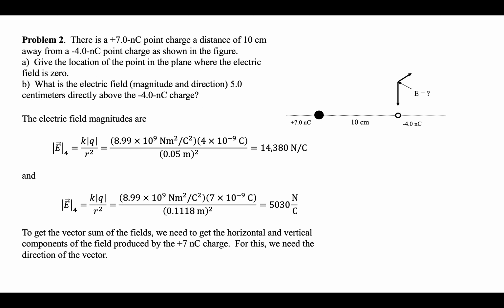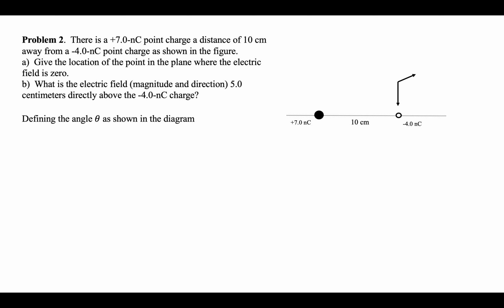For that, we can use trigonometry. So let's draw that line, define this angle. The tangent of this angle is 5 centimeters divided by 10 centimeters, which is 1/2. The arctangent of 1/2 is 26.57 degrees. That's 26.57 degrees, as is this angle from the horizontal.